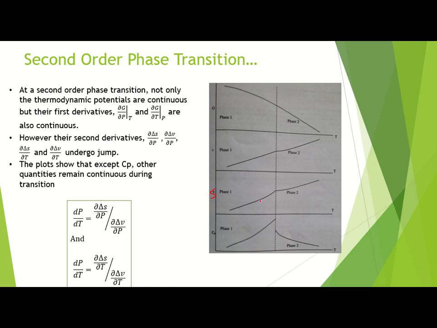Near the transition point the entropy behaves like a line, and its derivative gives the discontinuity. Cp is the heat required to raise the temperature, which is different for phase 1 and phase 2. These are our second order phase transition equations, just like the Clausius-Clapeyron equations in the first order transition.